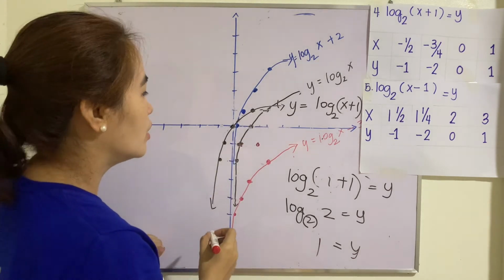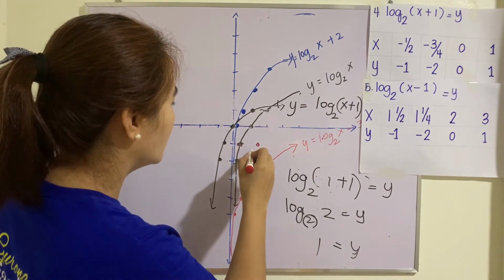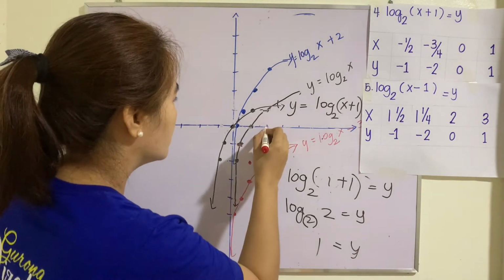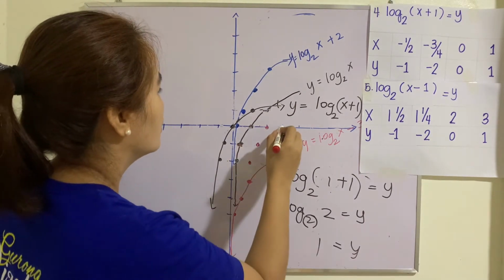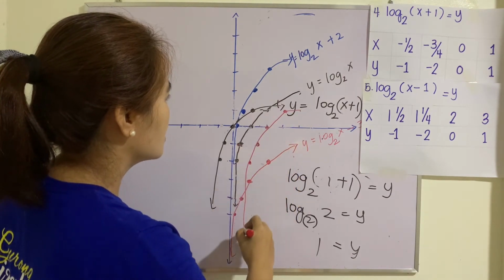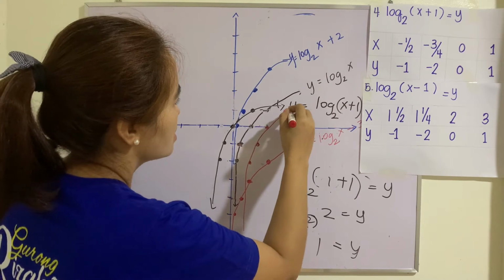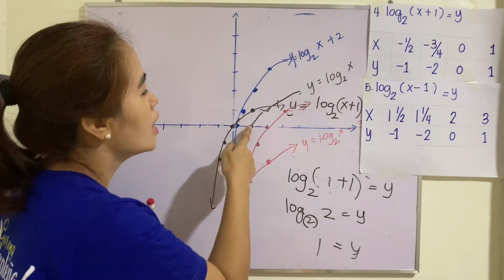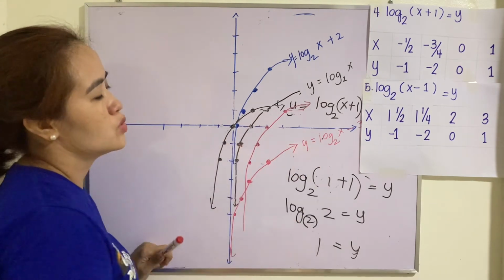So we have 1 and 1/4, this is negative 2. And then 2, 0. And then 3, 1. That's it. It's true, right?